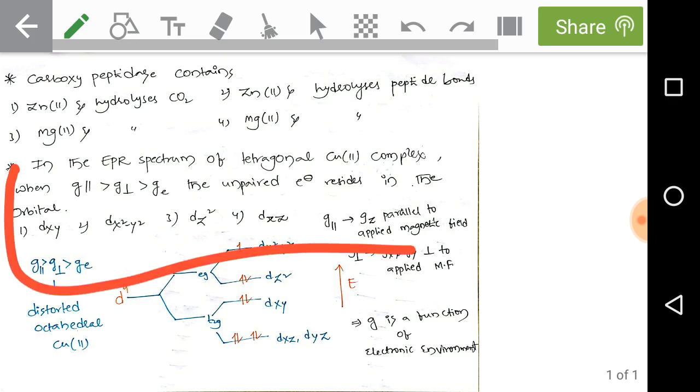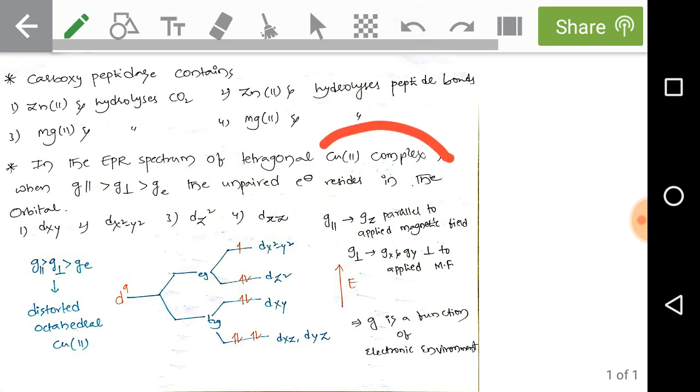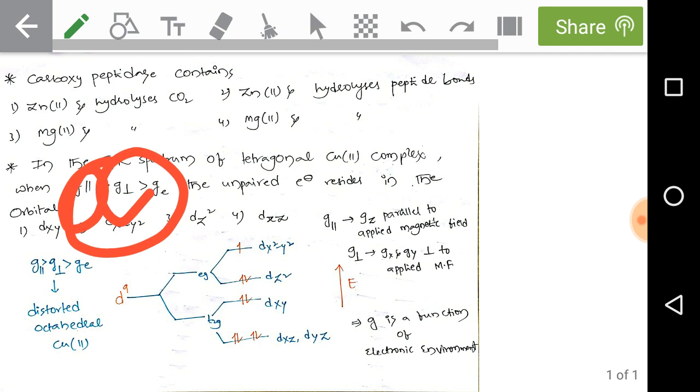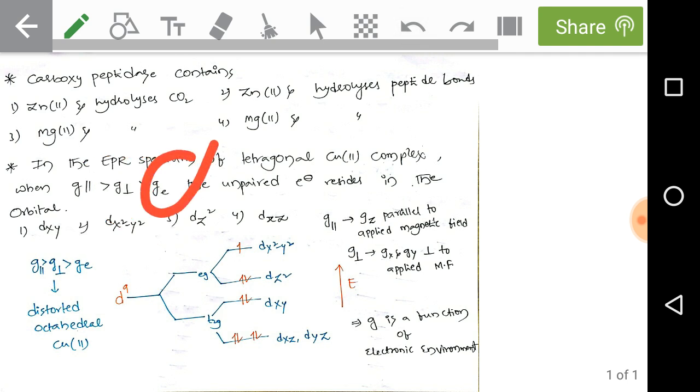In the EPR spectrum of a tetragonal copper +2 complex, when g parallel is greater than g perpendicular is greater than g electron, the unpaired electron resides in which orbital? Here we are given a copper +2 complex, where copper +2 contains 9 electrons in its d orbitals.